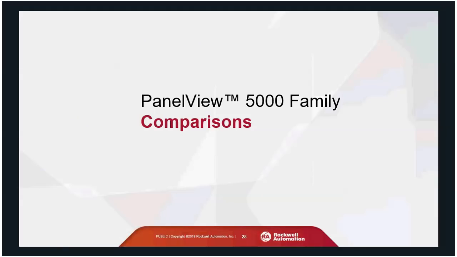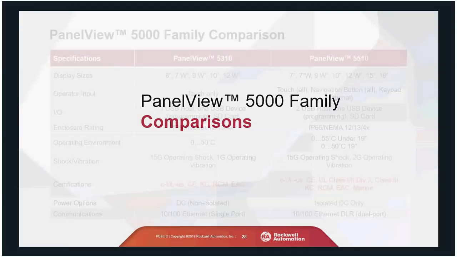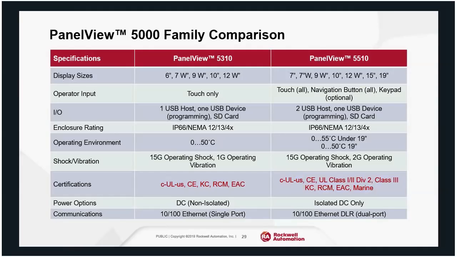So let's compare the different series of 5000. I know we touched on this before, but just to reiterate, the PanelView 5310 is touch only, whereas the PanelView 5510 has touch, the physical navigation buttons, and keypad options. Of course, DLR is supported only in the 5510.